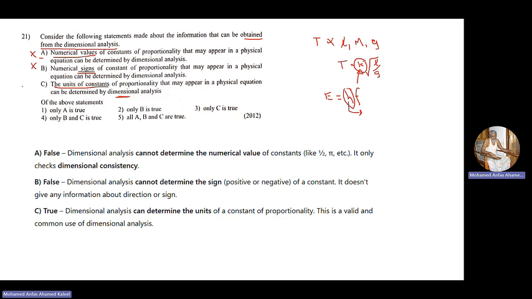So statement C is correct. We can determine the dimensions of the proportional constants, but we cannot determine the constants' values or signs. So in question number 21, statement C is the only correct one. The option number 3 is the right answer.